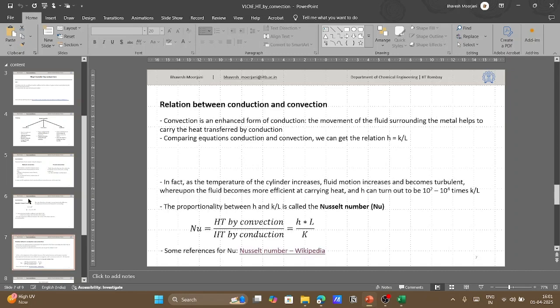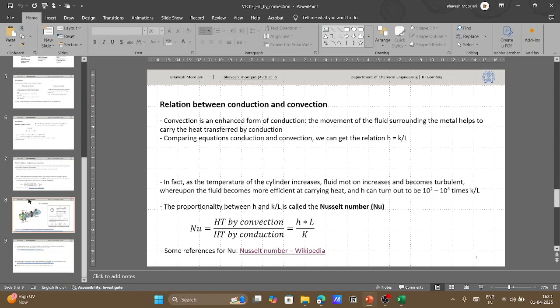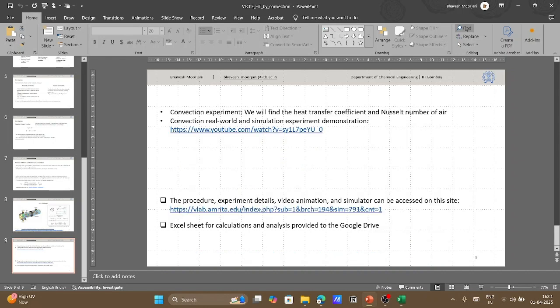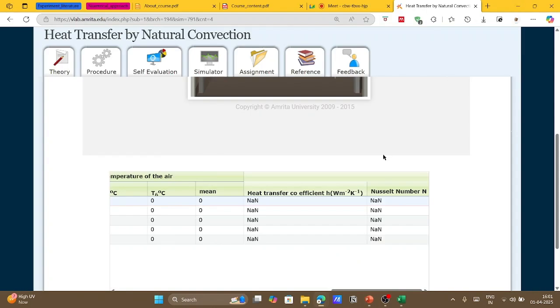We tried to relate convection and conduction and use various dimensionless numbers to find the heat transfer coefficient in convective heat transfer, which is ultimately used for the design calculations of various equipment as a chemical engineer, right? So this was your experiment for today's class.